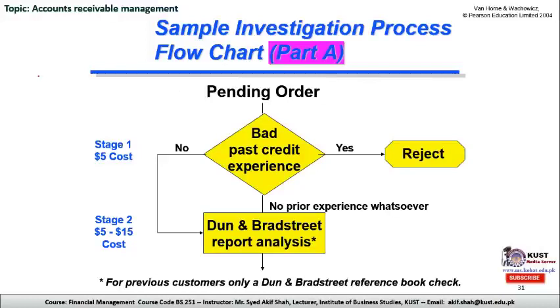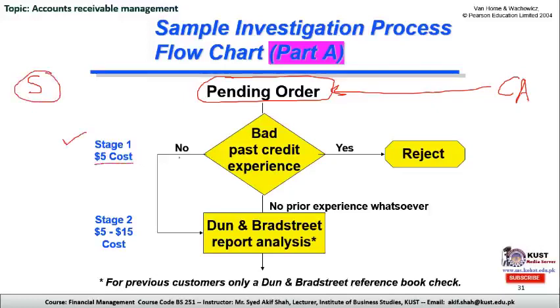For example, we have a supplier represented with S and a credit applicant represented with CA, and this credit applicant has given an order to the supplier, and this order is at this stage in a pending position. So let's move towards stage number 1, which requires the supplier to bear a $5 cost.